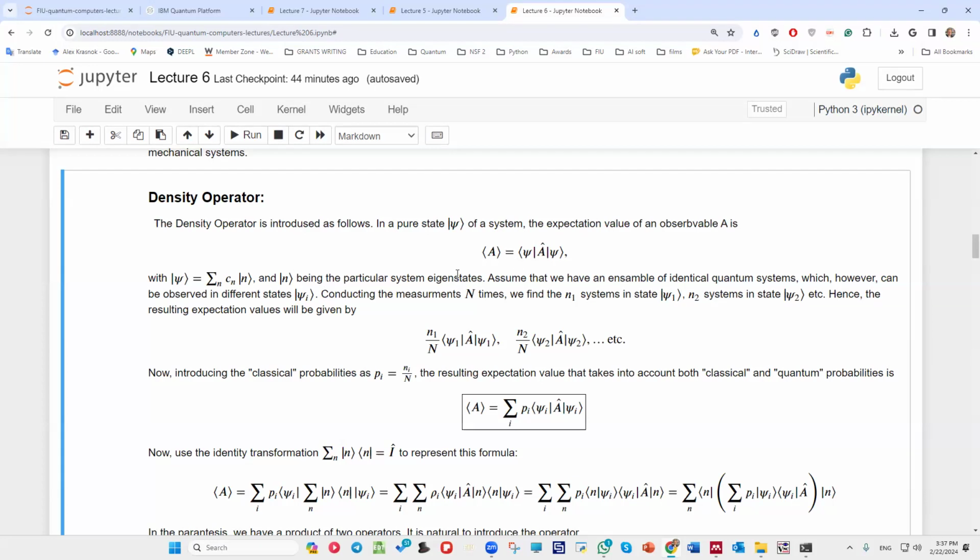However, assume that now we have not one quantum system, but an ensemble of, let's say, identical quantum systems, like a gas of atoms, for example. So let's say we measure this observable in some experiment, and we measure this observable n times.